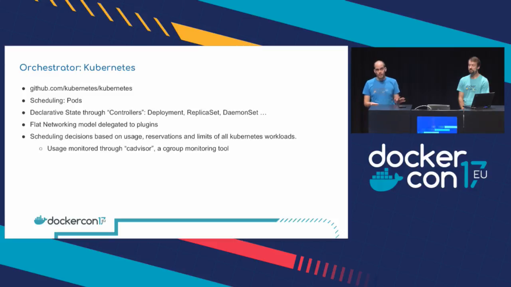It only tracks Kubernetes workloads, however, and does not look at other processes that may be running on the same host. In contrast with the previous orchestrators, it also takes into account the usage of resources on the system using a tool called cAdvisor that's built into the node agent of Kubernetes, called the kubelet. That tool actually monitors the usage of all the individual cgroups of the containers created by Kubernetes itself.